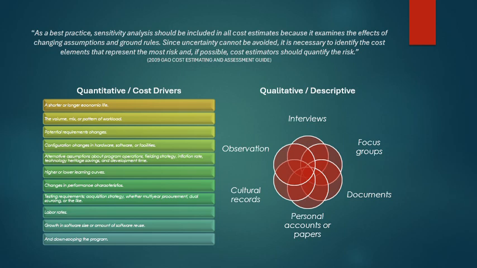So quantitative cost drivers include a shorter or longer economic life, the volume mix or pattern of workload, potential requirement changes, configuration changes in hardware, software, facilities, alternative assumptions about program operations, fielding strategy, inflation rate, technology heritage, savings, and development time, higher or lower learning curves, changes in performance characteristics, testing requirements of acquisition strategy, whether multi-year procurement, dual sourcing, or the like, labor rates, growth in software size or the amount of software reuse, and downscoping the program.